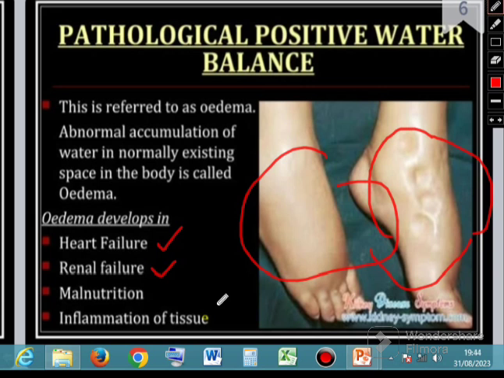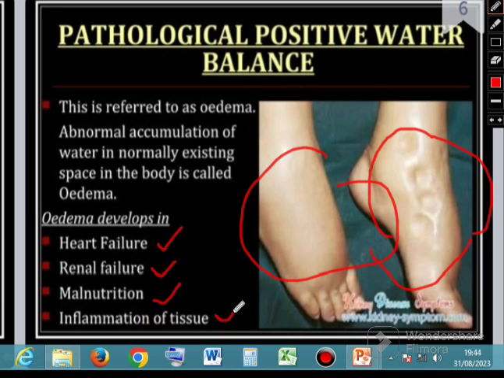I have said one of the signs and symptoms of edema is heart failure, renal failure, malnutrition, and inflammation of tissue. Inflammation of tissues can occur when you have an injury.